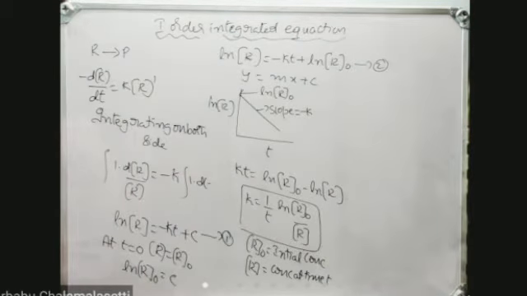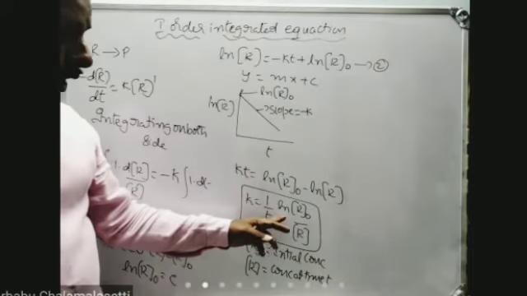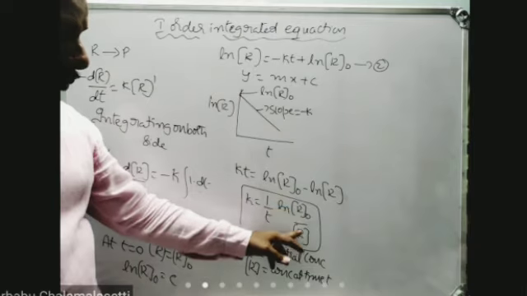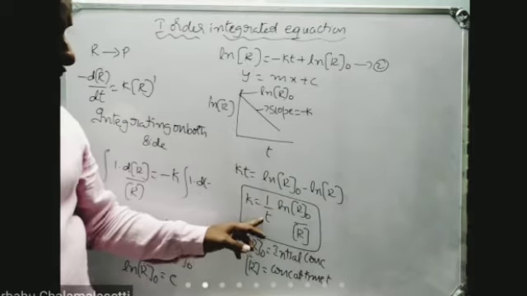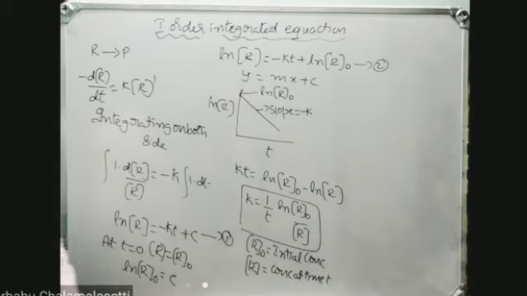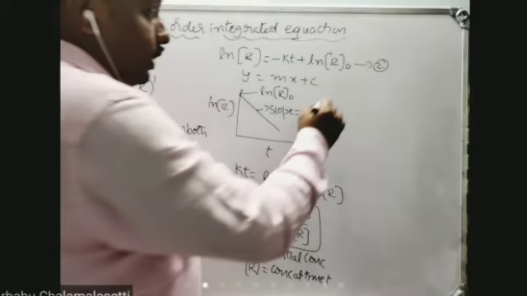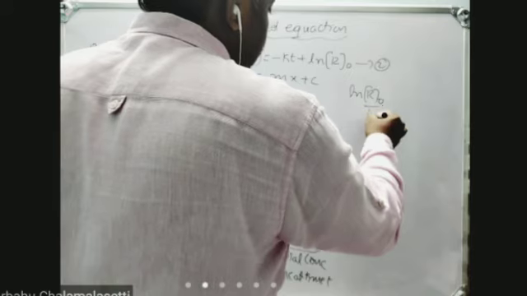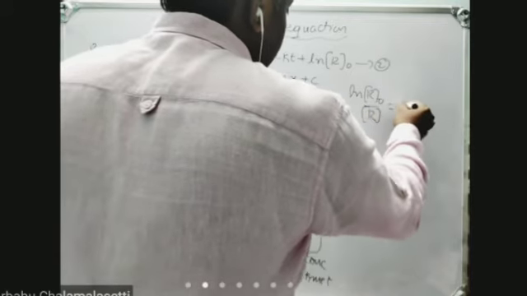From this we can write ln R naught by R is equal to kt.